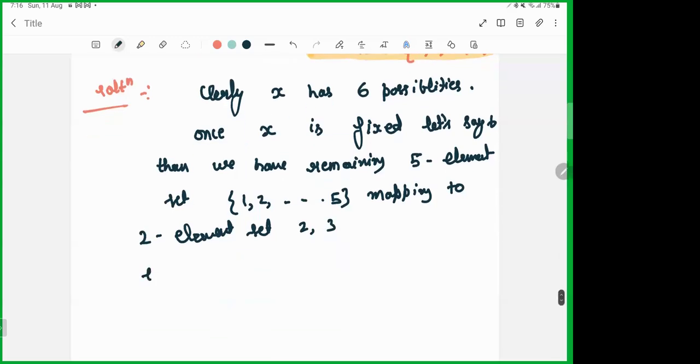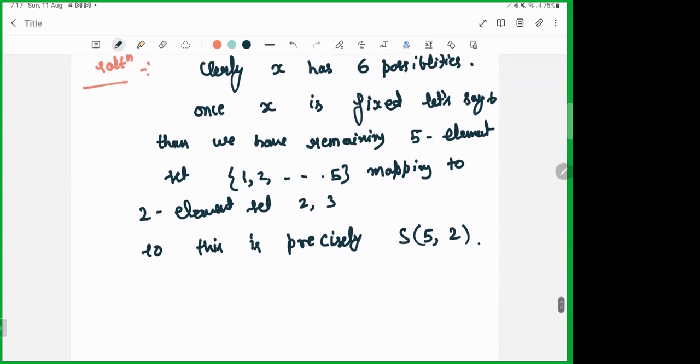So this is precisely the Stirling number S(5,2). This is what you said, right? Yes. The number of pre-images of 2 and the number of pre-images of 3 will form two blocks of this subset. But can you precisely compute this? What is S(5,2)?